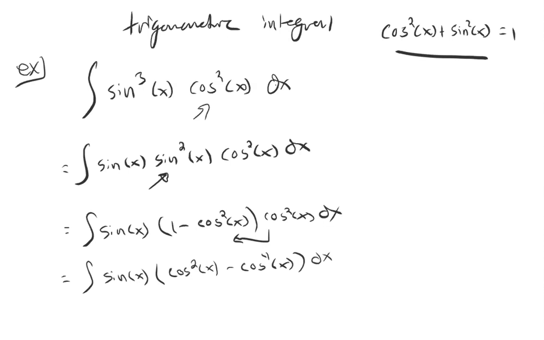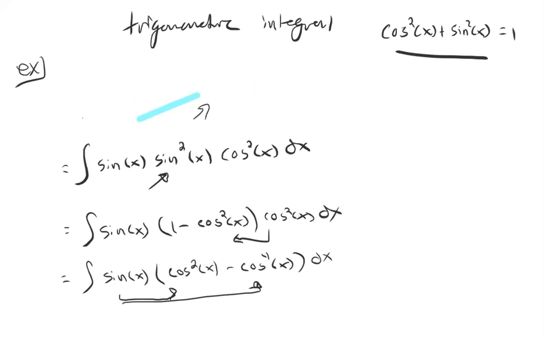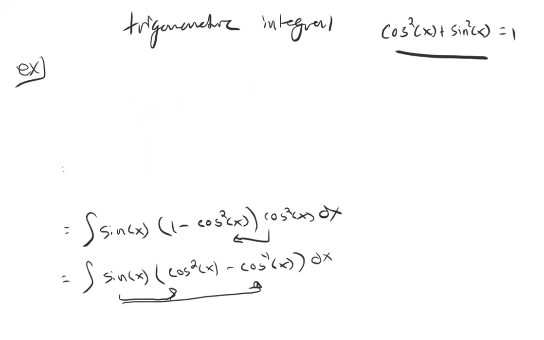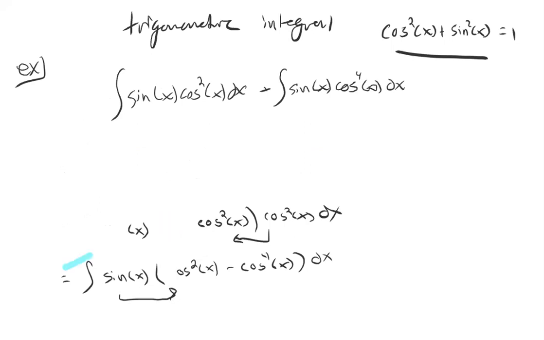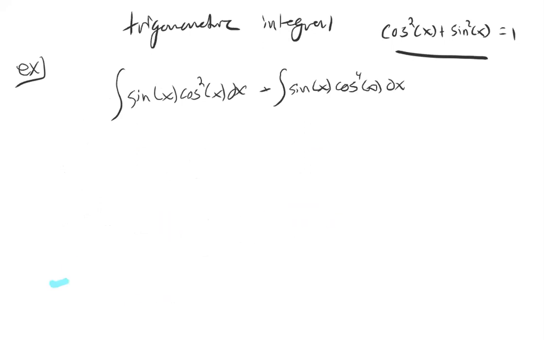Okay. And then we can distribute and apply the linearity of the integral to split it. So I'm just going to erase a little bit here. So we have the integral of sine of x cosine squared of x dx minus the integral of sine of x cosine to the fourth of x dx. Okay, but both of these are just u sub problems now.